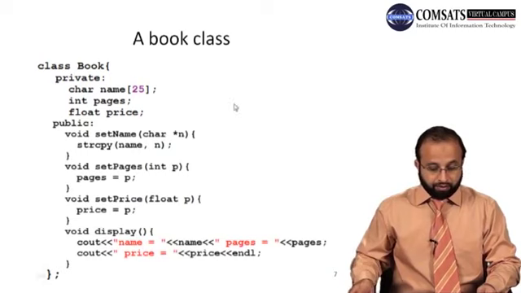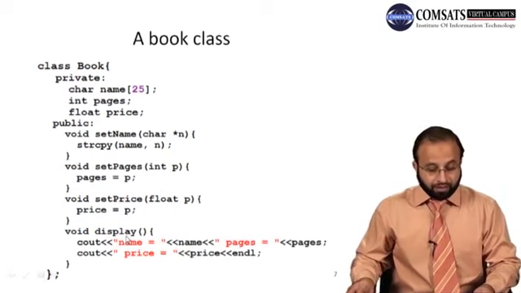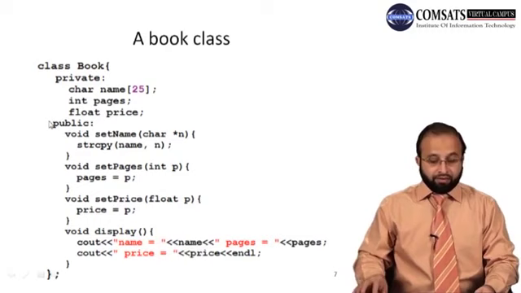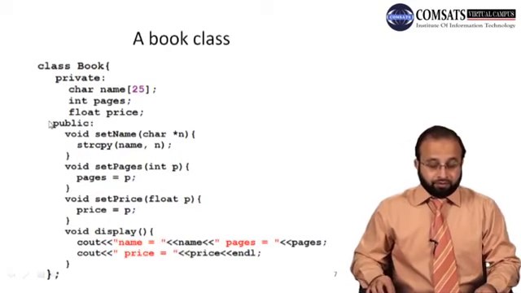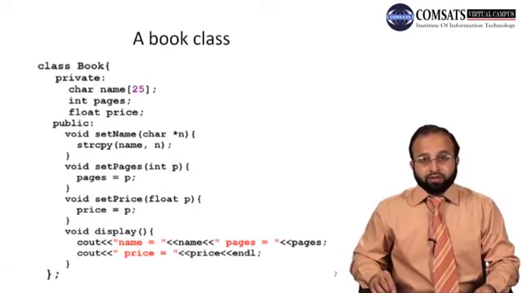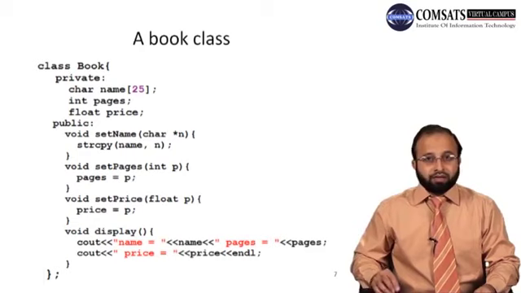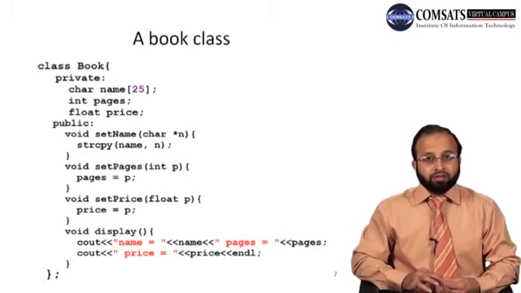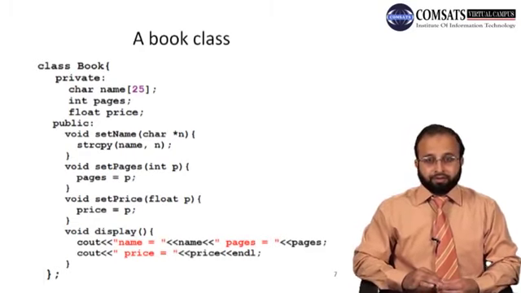And then we have the public functions. This is function number 1, function number 2. Function number 1 is set name, 2 is set pages, then set price, and then the display function, right? So public means that everything that is public inside the definition of the class, whether it is a member function or a data member of the class, is accessible outside the definition of that class using that class object, right?